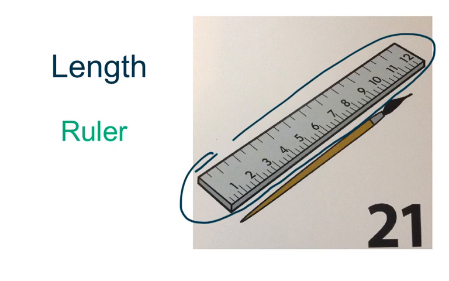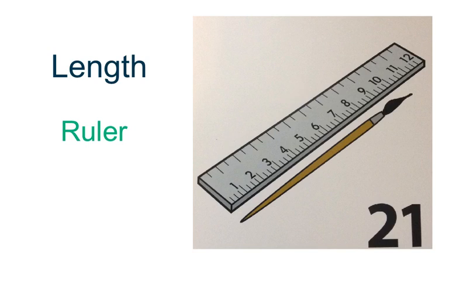The tool being used to measure today is a ruler. If we look at the ruler next to the paintbrush, how long is the paintbrush? It looks like it's in between 10 and 11. So the paintbrush is about 10.5 inches long.